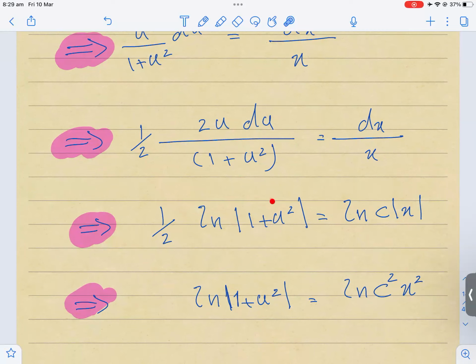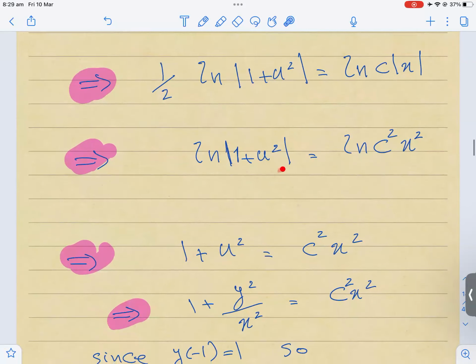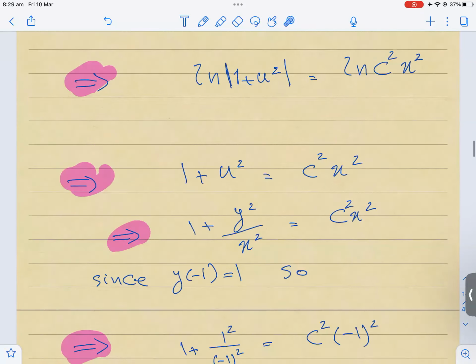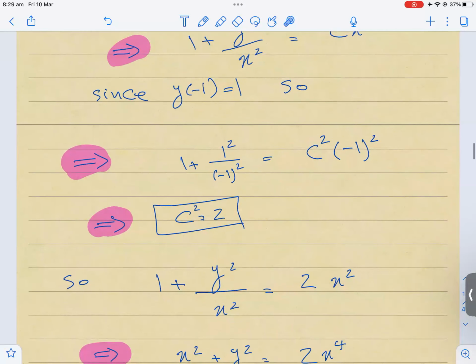It is easy to integrate. 1/2 absolute value of x. So I will get this one, 1 over u squared, plus, I hit both sides of the equation by the exponential, c squared x squared. So instead of u, y over x. I use the initial condition to obtain c squared equal to 2.